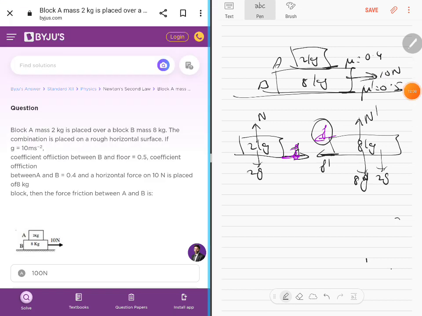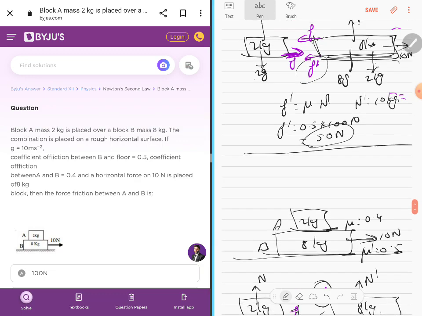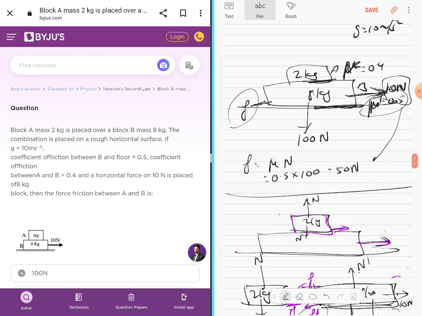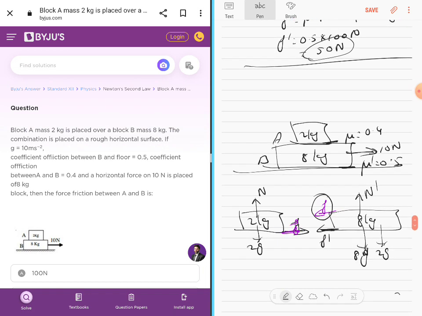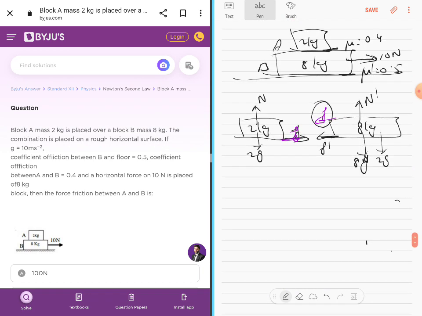So in the sum, they have asked you to find the small f, and it's the same as the last sum where no other values change, 0.4, 0.5. Same thing. So therefore you know that the applied force is definitely lesser than the frictional force. We calculate the total frictional force, that is F dash with the ground, is 50 Newton, and so it's more than 10 Newton, so it's not even going to move.